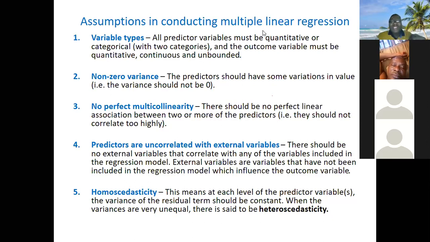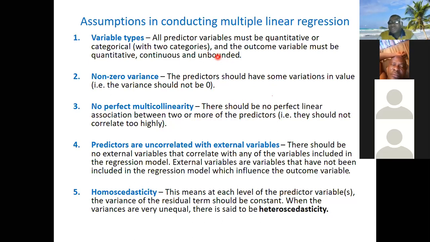If you look at it, all predictor variables must be quantitative or categorical. It's interesting that in both linear regression and logistic regression, the predictor variable can be continuous or categorical. So what differentiates logistic and linear regression is the type of outcome variable.